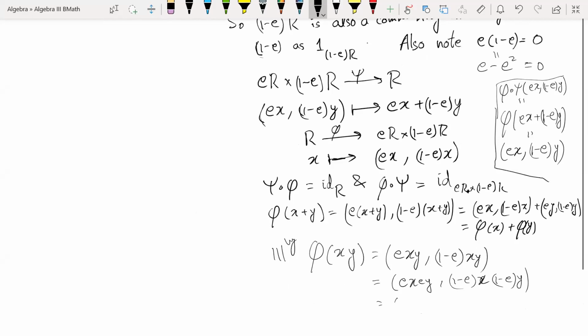This is the same as EX comma 1 minus EX times, component-wise multiplication, EY comma 1 minus EY, which is phi x times phi y. So we get that this is indeed a ring homomorphism, and that completes the proof.